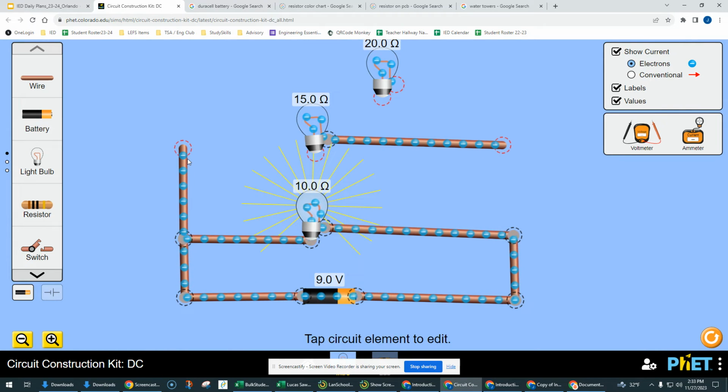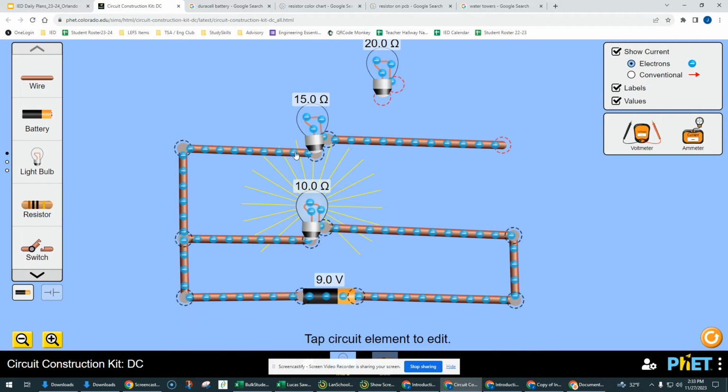Now, nothing's happening yet because this path ends in a dead end and never makes its way back to the battery. And so it's not a closed circuit. It's not going to have any flow. But we're going to keep building it until it does. So we're going to extend this to bring it to the second light bulb.